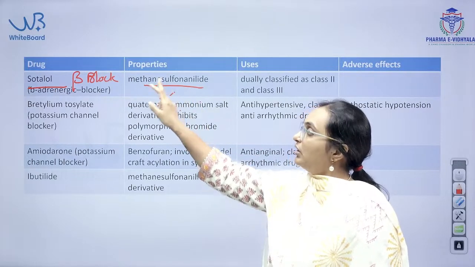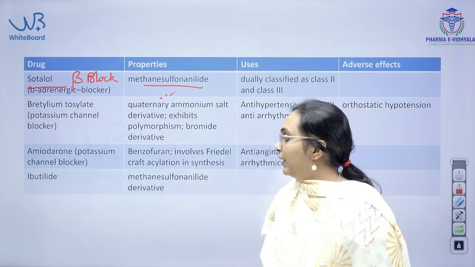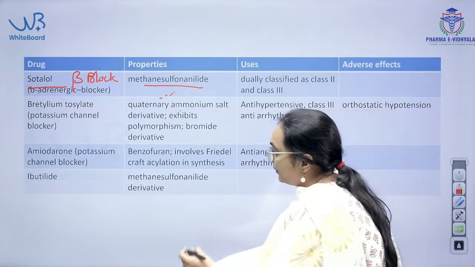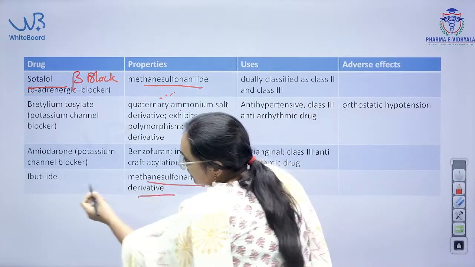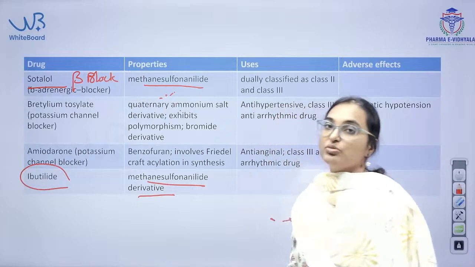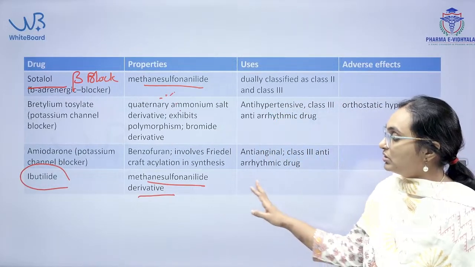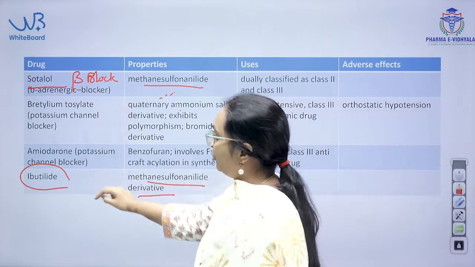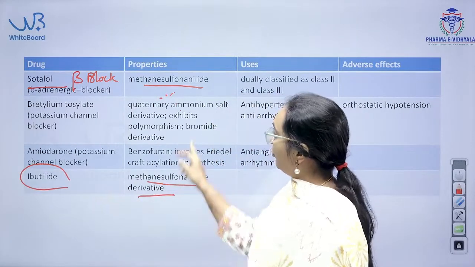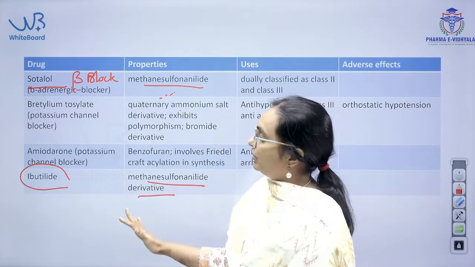Sotalol. Methane sulfonamide derivative is also ibutilide, which is a potassium channel blocker. So both sotalol and ibutilide have methane sulfonamide in their structure, but the difference is what?